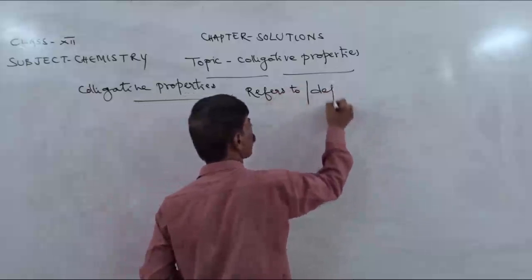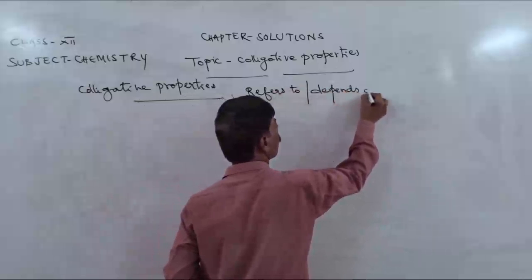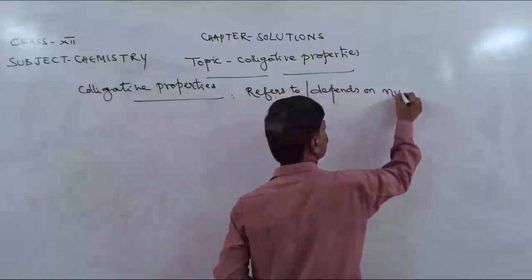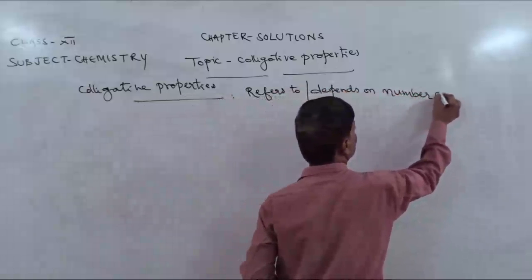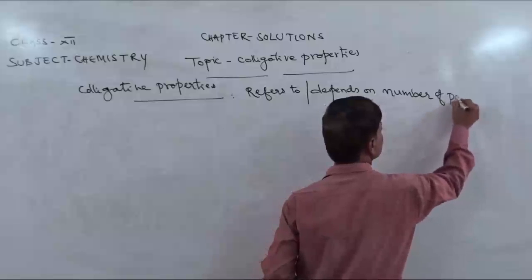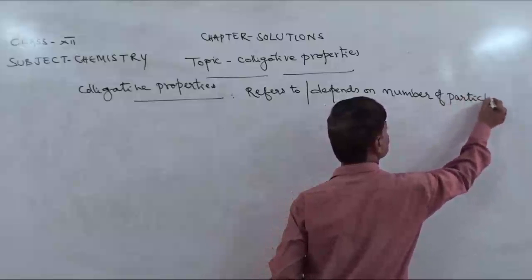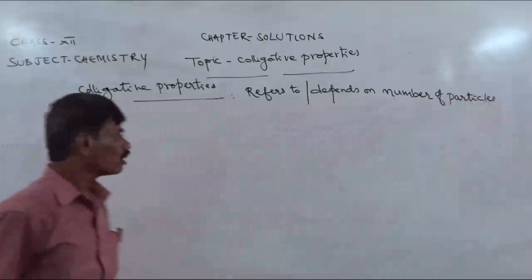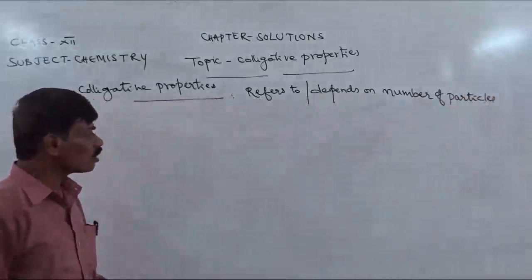So colligative properties refers to or depends on the number of particles present in the binary solution.